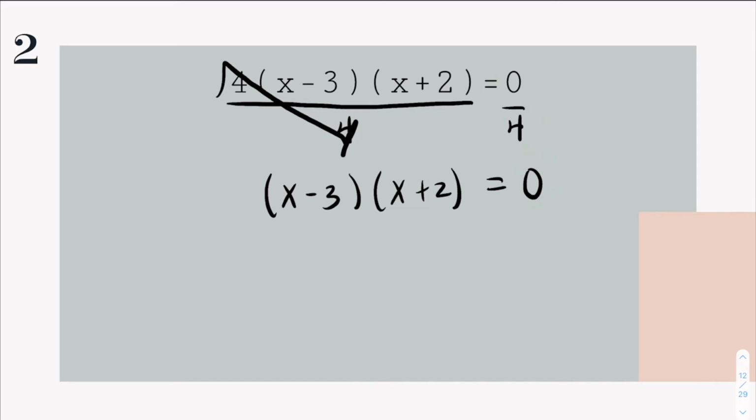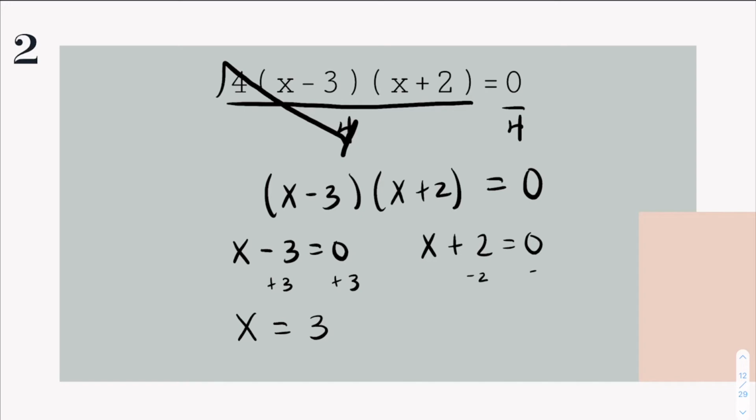All right, now we have the product of our 2 factors, and the product is 0. So we are going to set both factors equal to 0 and solve for x. So we have our solutions, -2 and +3.